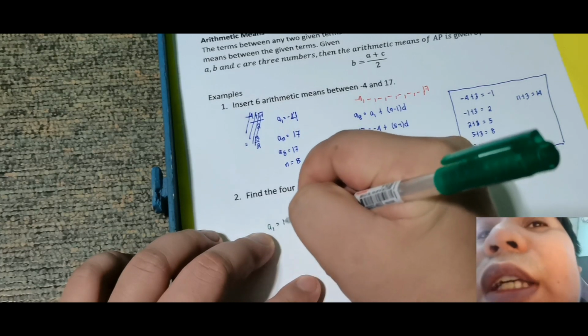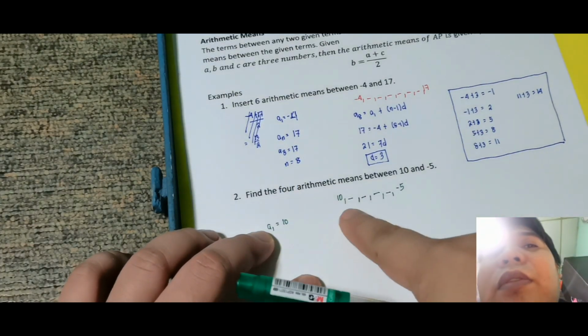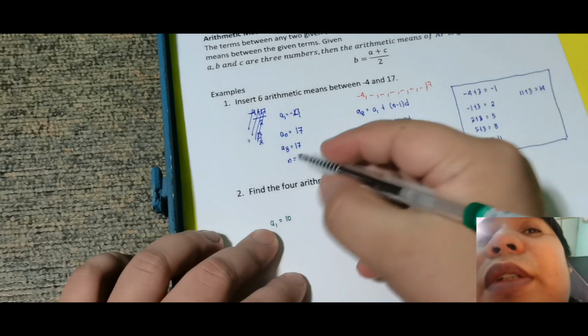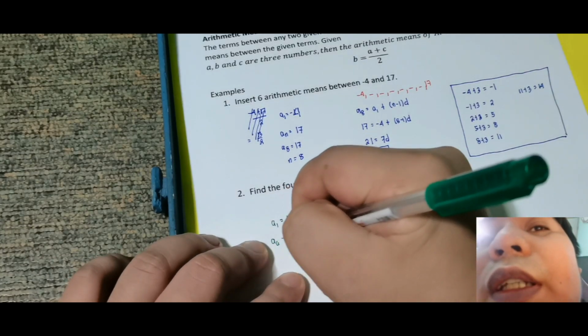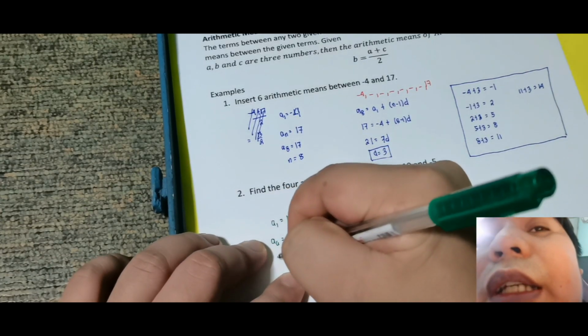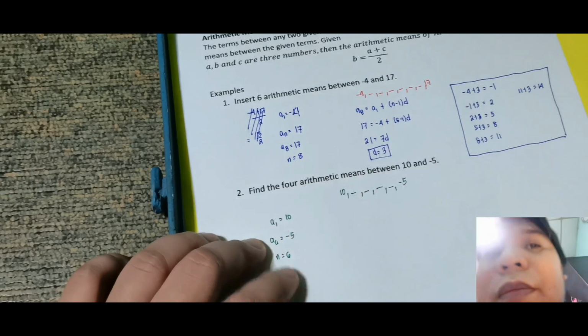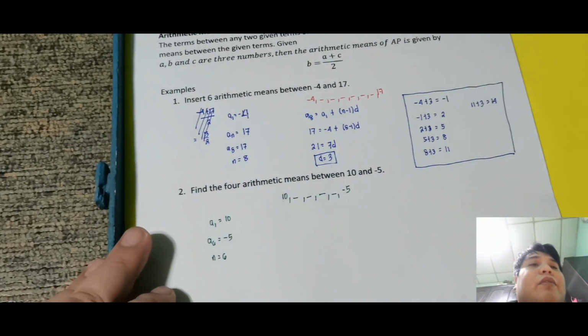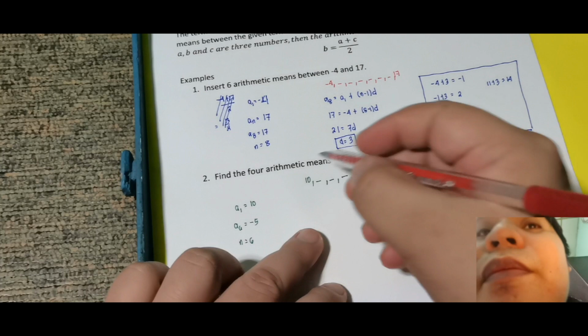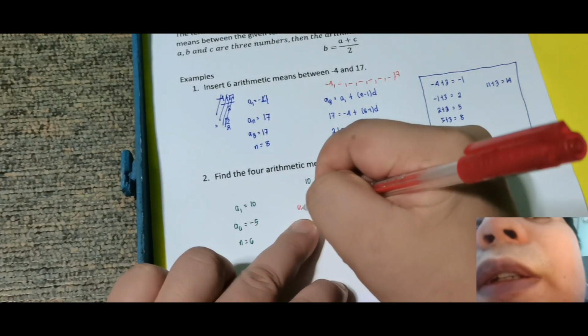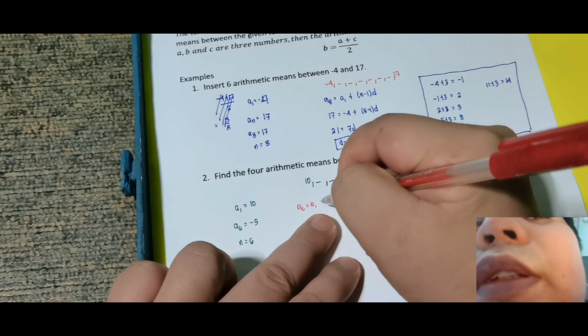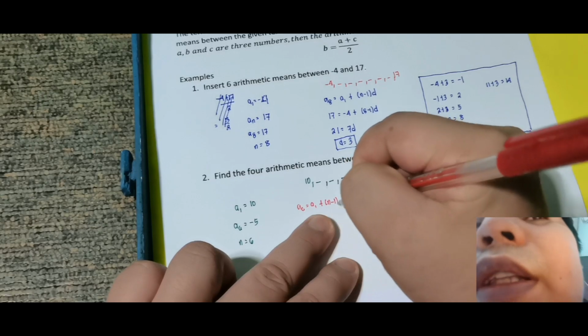Note that a sub 1 is 10. Then ilan sila? 1, 2, 3, 4, 5, 6. A sub 6 is negative 5, then n natin is 6. So we are ready to find yung d natin. A sub 6 is equal to a sub 1 plus n minus 1 times d.